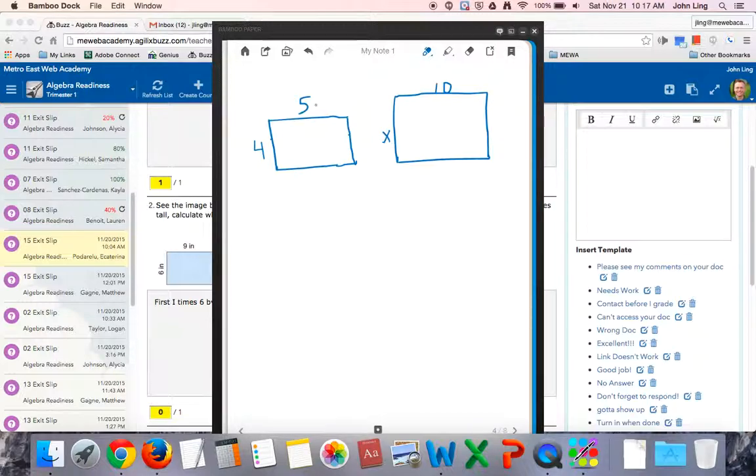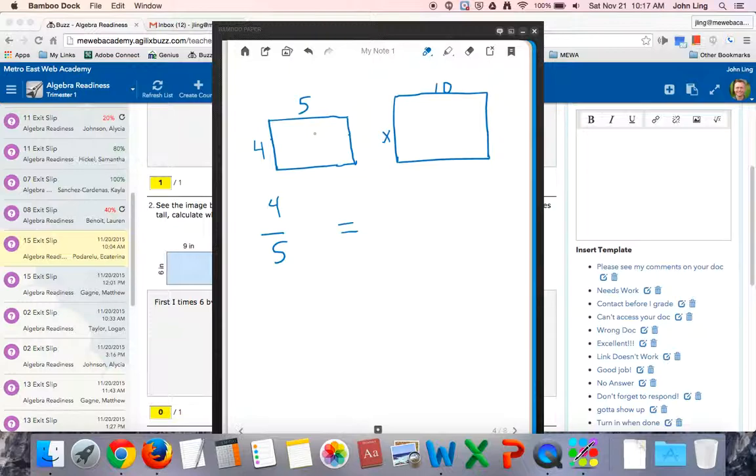So we can say the ratio of the height to the length is 4 to 5 on this one, right? And we can say this is equal to, because proportionally these need to be the same. Okay, I didn't set this up exactly, but it's like the question in the exit slip.